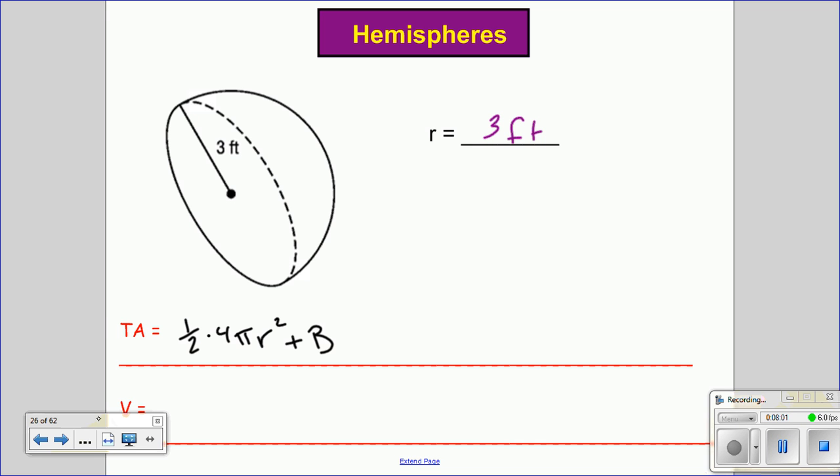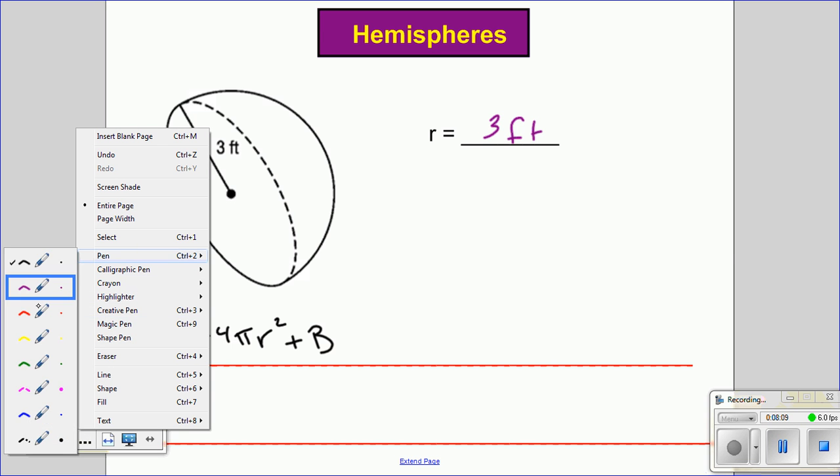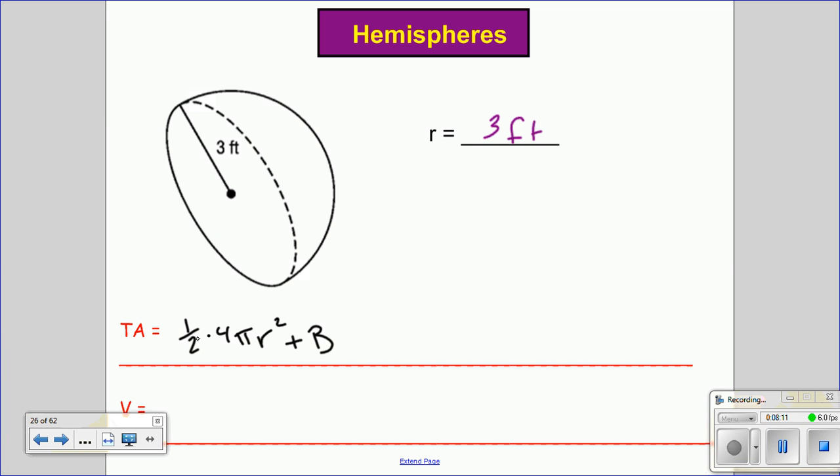But I can tell you in advance, 1/2 of 4 is 2. So essentially it's 2 pi r squared plus base.